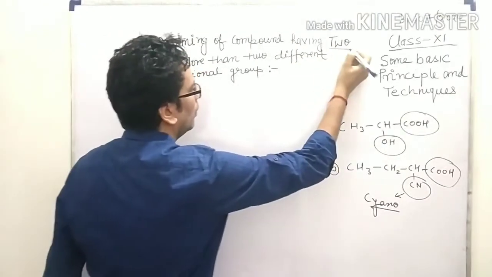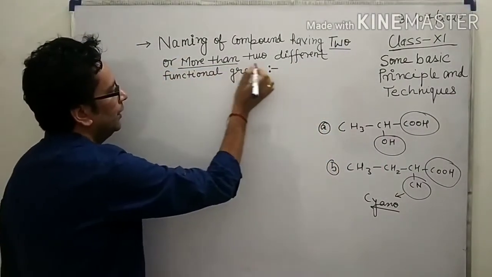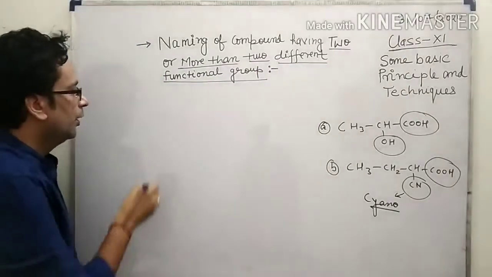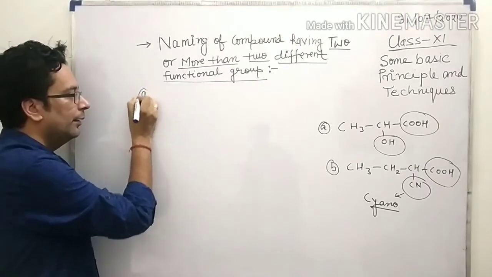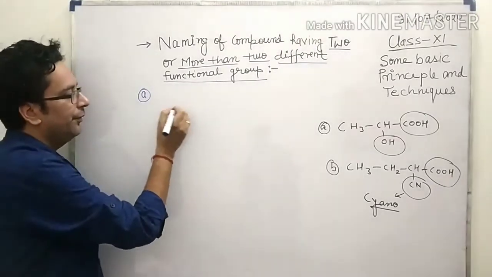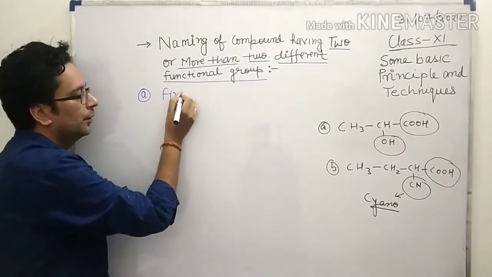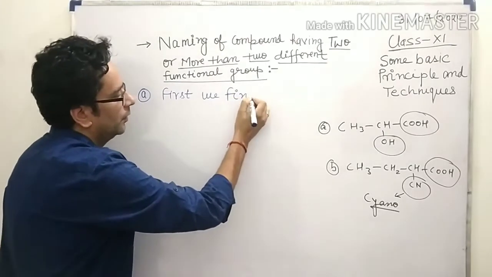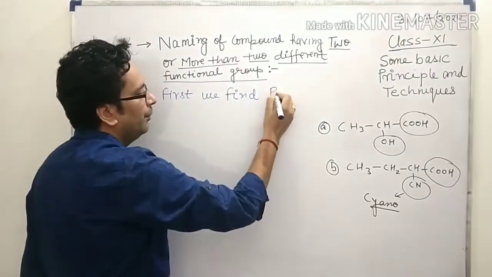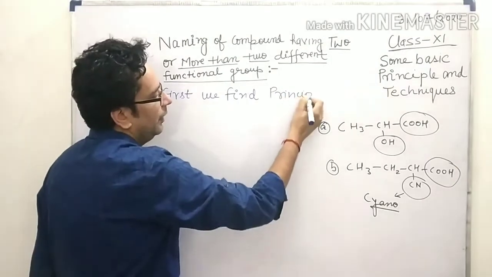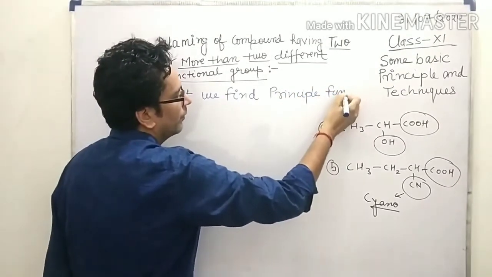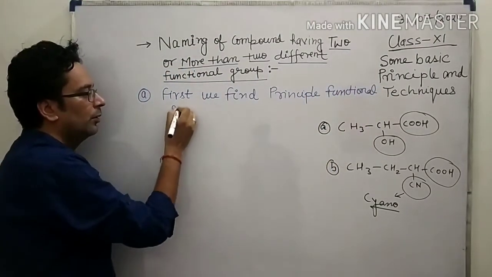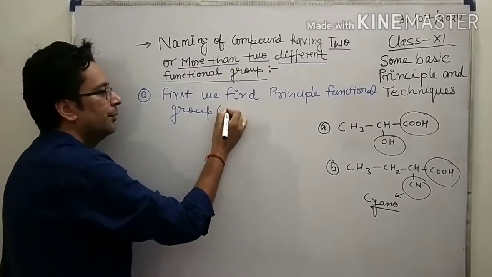Look here, naming of compound having two or more than two different functional groups. The first point is that first we find the principal functional group, that is main group.